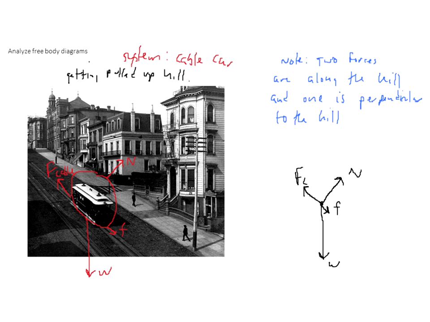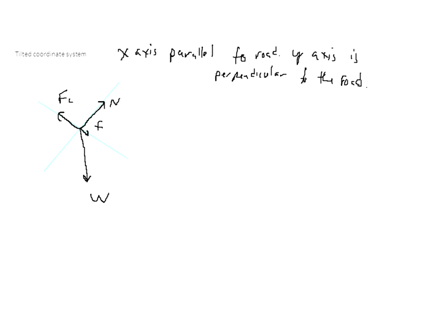It turns out that the value of that angle theta, if this is how much the road is tilted, means that this is going to be theta right here.